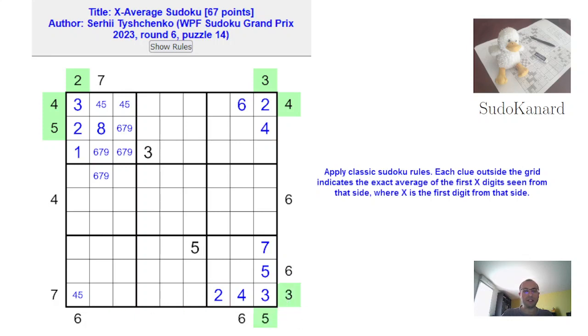Now let's get back to this 7, which is now the sum of 5 digits. So those 5 digits are 5, 6, 7, 8, and 9, and this is 1. So perhaps I should pencil mark all of them. And there is an 8 here.